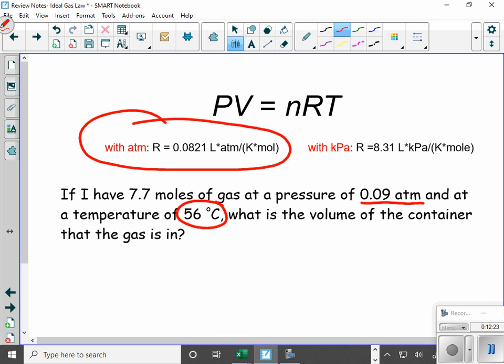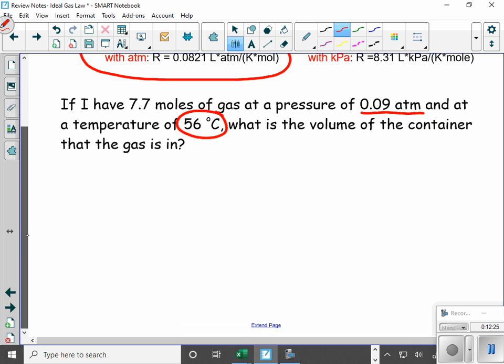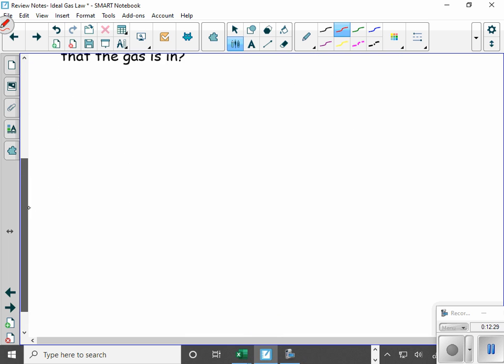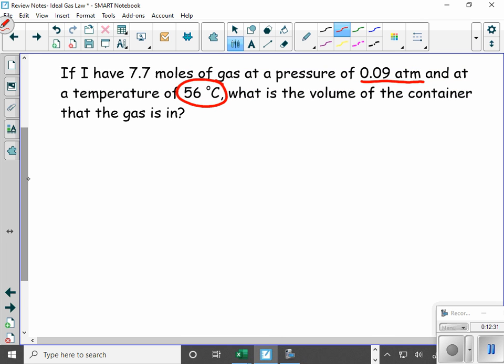Now, when I do these particular problems, I just simply line up on the side P, V, N, R, T, because I need to have 4 out of those 5 values to be able to do one of these calculations.